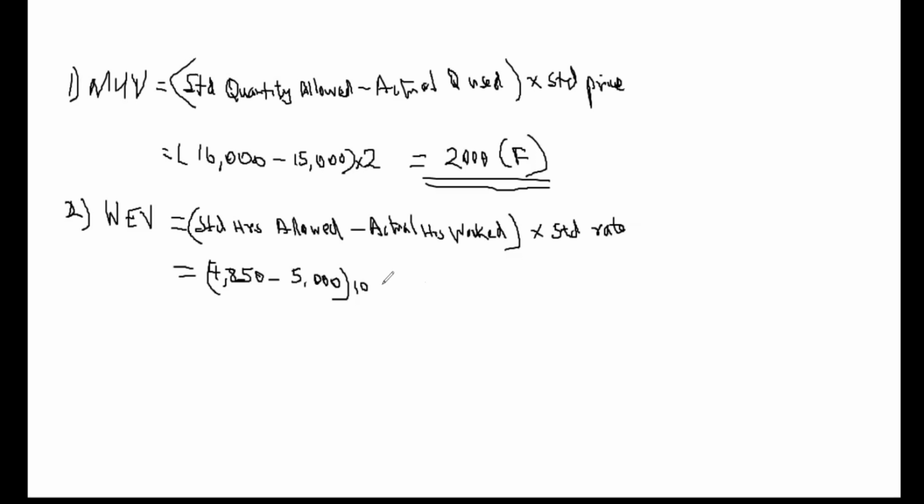Negative 150 times 10 is negative 1,500.